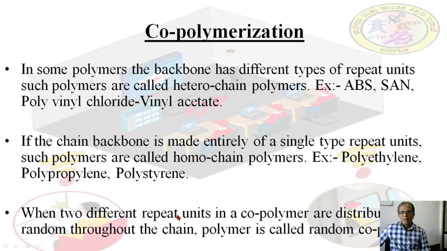If two different repeat units in a copolymer are distributed randomly throughout the chain length, the polymer is called a random copolymer. If it is made out of two different monomers, and one type of monomer is at random in another throughout the chain length, then we call that type of copolymer a random copolymer.